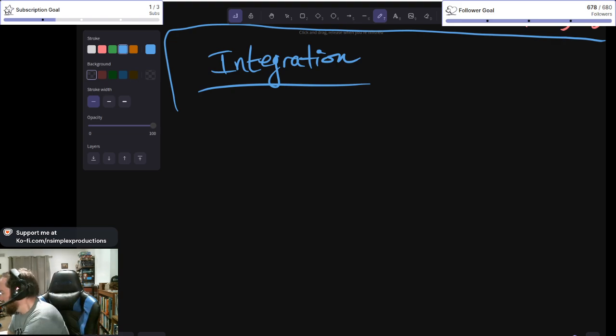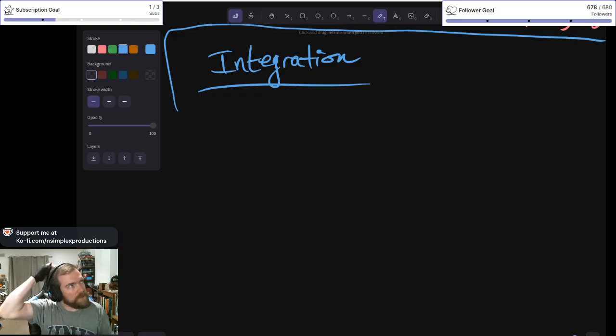So integration. For the most part, because this is the GRE book, it's assuming that everybody knows how to do integration, and therefore here's just the overview of it.